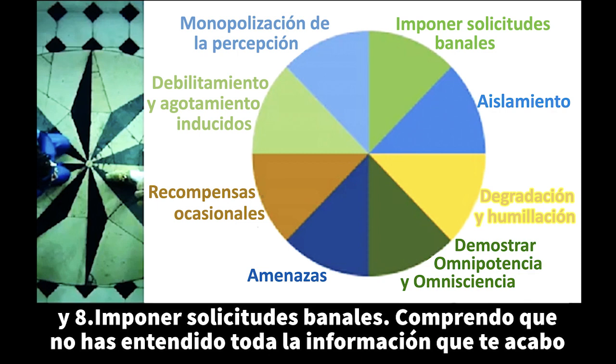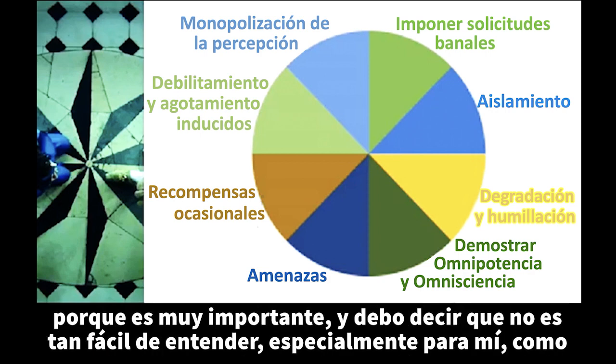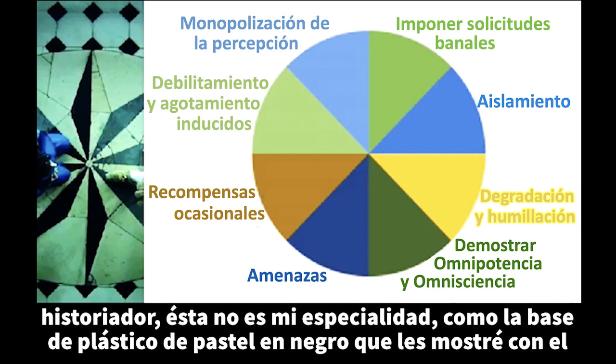I understand that you haven't gathered all the information I just gave you, and in this video I will completely explain all this to you into the tiniest details, because this is very important. And I must say, it's not that easy to understand, especially for me as a historian.